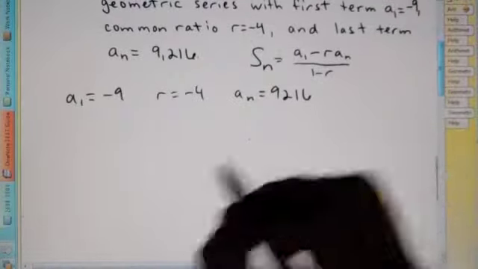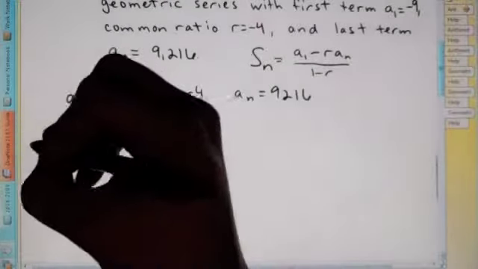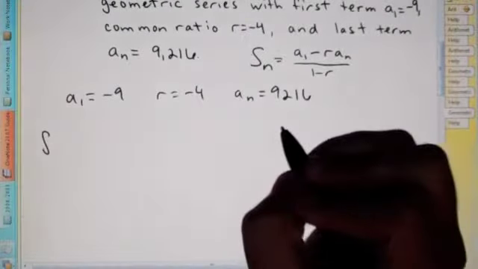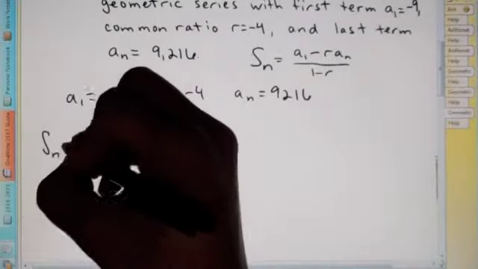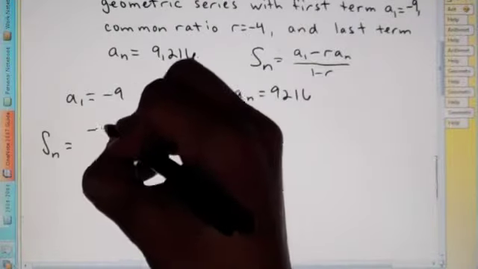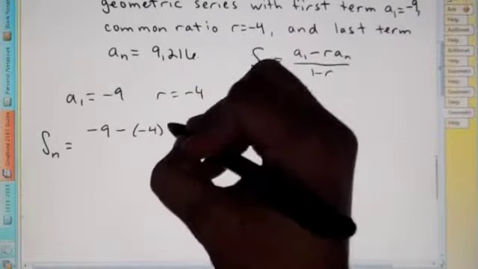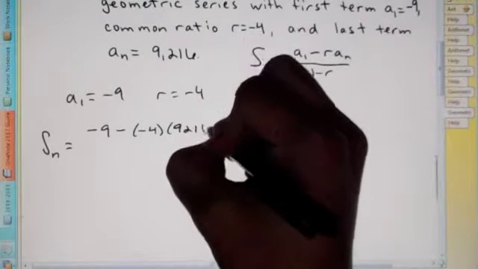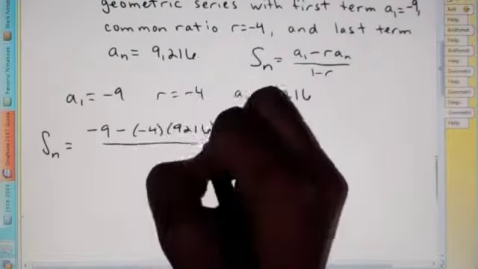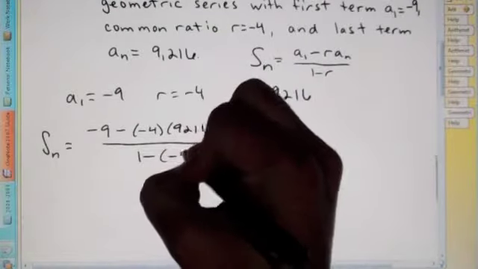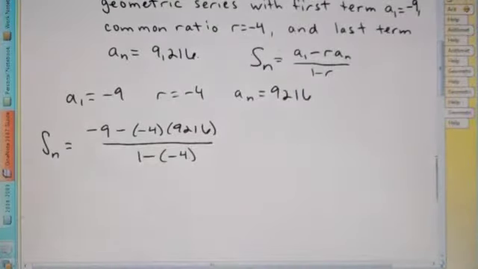So we're going to plug in exactly into the formula. So this s sub n is equal to our first term minus our common ratio times our last term all over 1 minus our ratio. Okay? Remember, stick exactly to the formula.